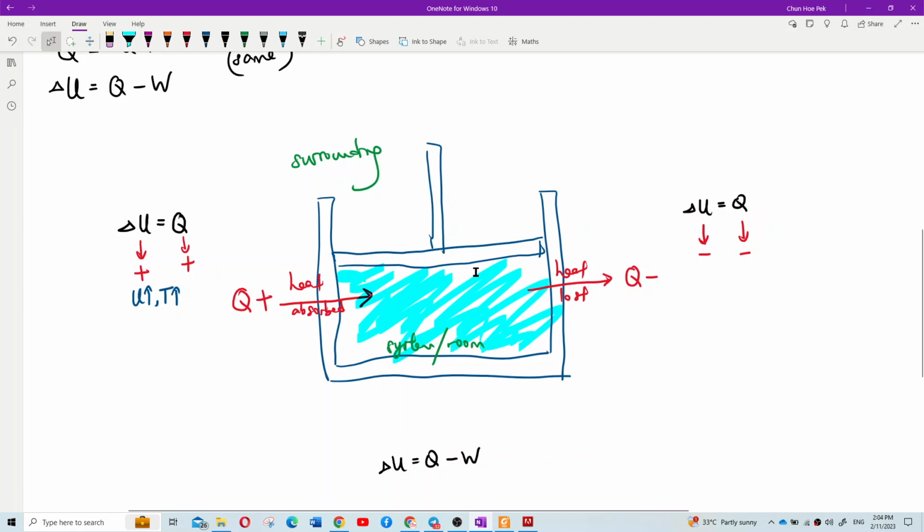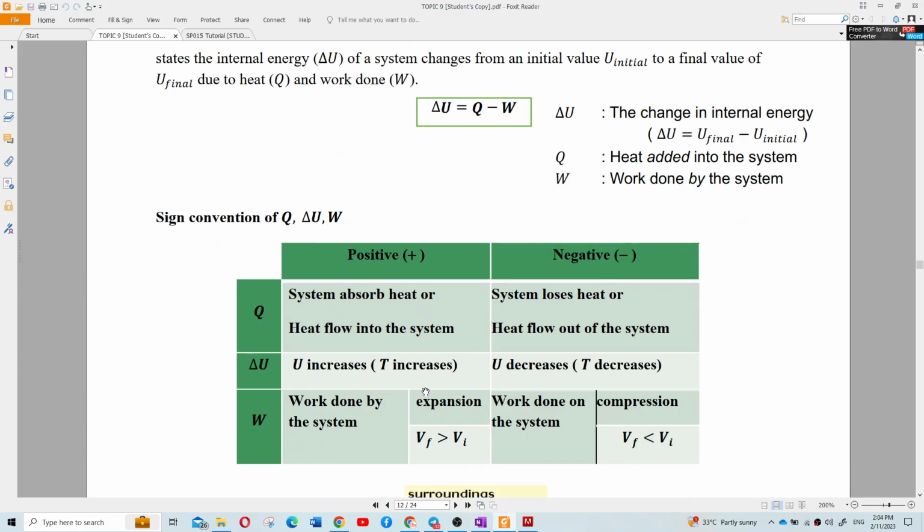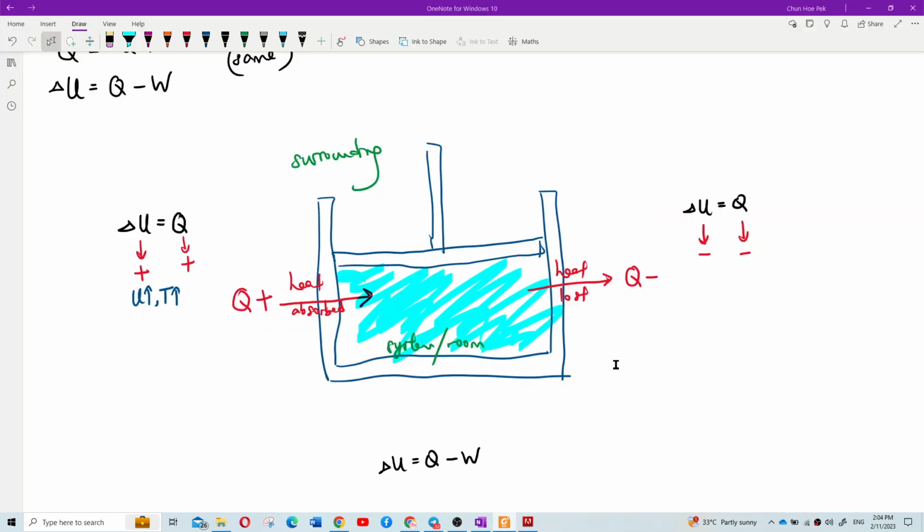So delta U is negative right now. What is meant by negative delta U? Negative delta U means internal energy decreases, temperature decreases.